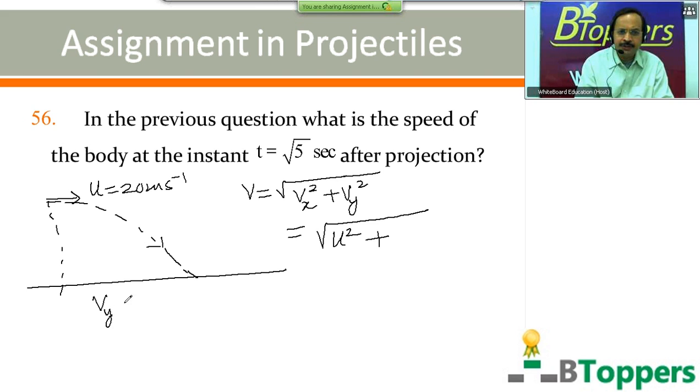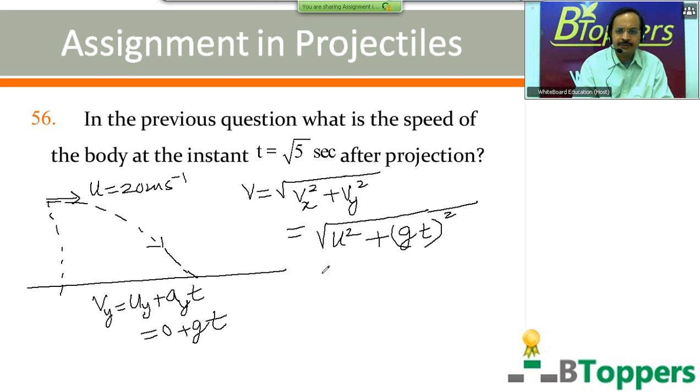And if you use the formula v equal to u plus at for motion in the vertical direction, the initial velocity in the vertical direction is 0, and the acceleration in the vertical direction is g. So you can write vy equal to gt, and vy square will be g square t square.